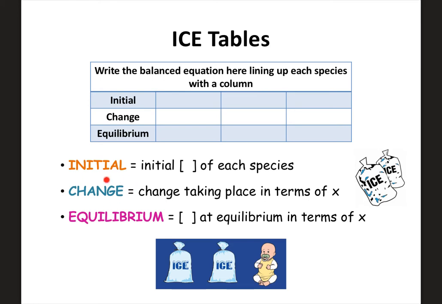The change would be the change that's taking place in the reaction according to X, and then equilibrium would be your concentration at equilibrium. Remember, if you're trying to plug into KEQ, you need to plug in your concentrations at equilibrium in order to do that. This is the basic setup of an ICE table, and you'll see a little bit more about what we plug in as we go forward.